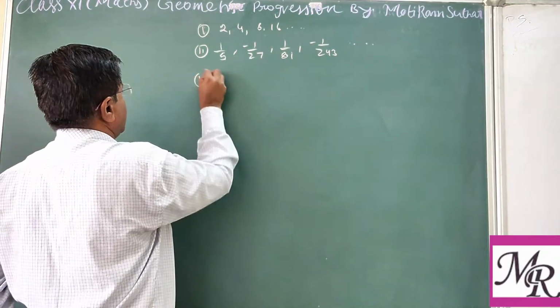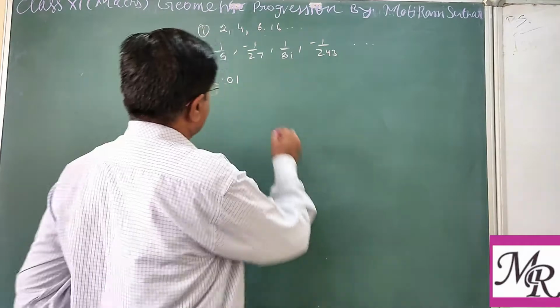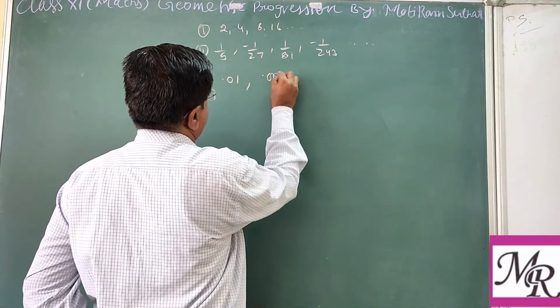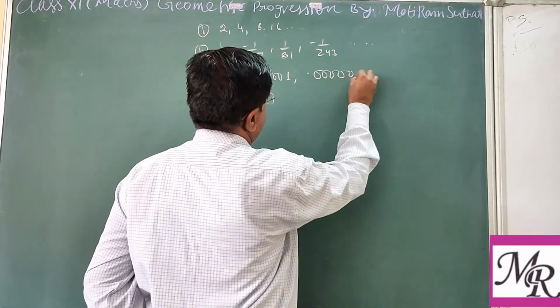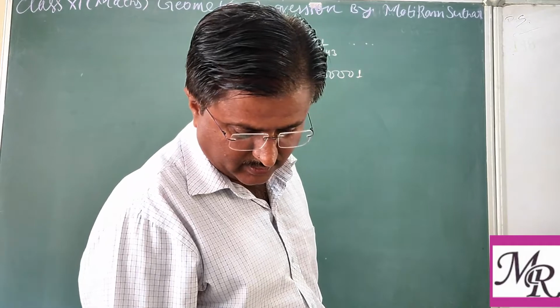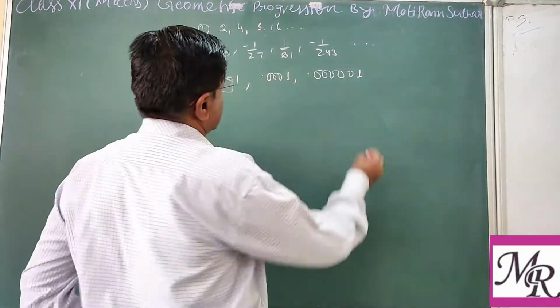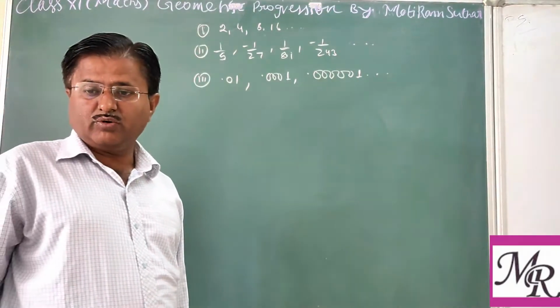Third: 0.01, then 0.001, 0.0001 and so on. So these three we are taking as sequences.